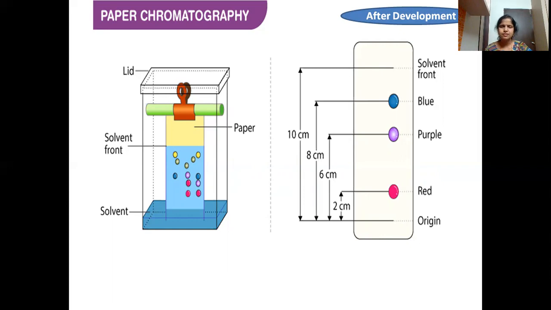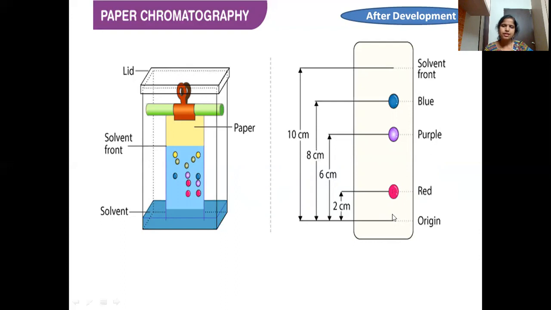Now, as these three colors are visible, we can say that these three components are present in the mixture. After the paper has dried up, we have to measure the distances. Measure the distance from the origin line. This is the origin line of the paper. From there, you have to measure the distance of each individual component.